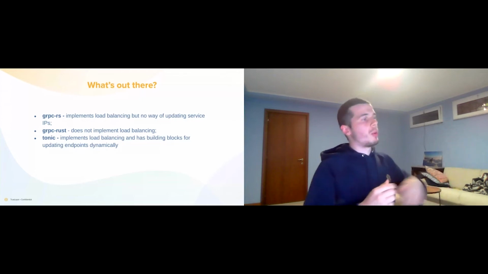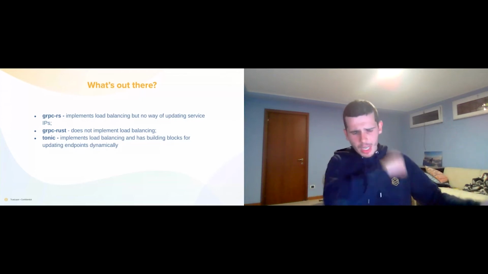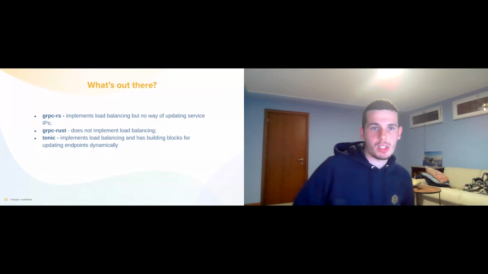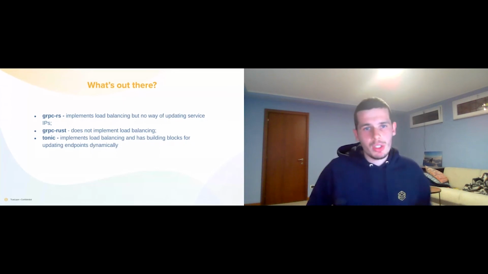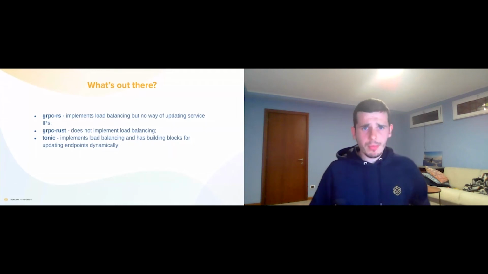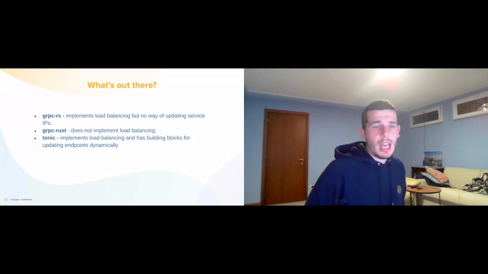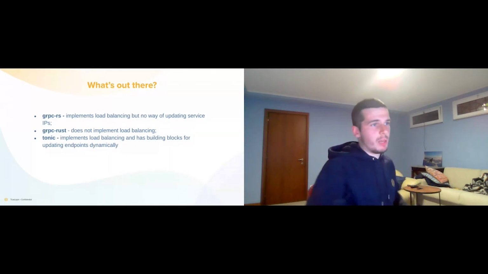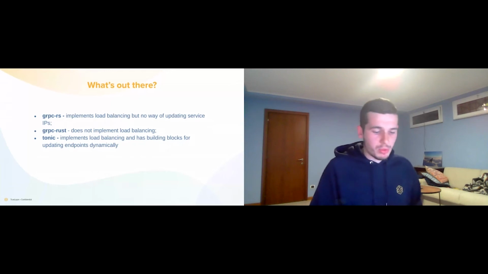You could have an approach where the servers forcefully disconnect the client, but we want something a bit more robust. And then you have gRPC Rust, which doesn't implement load balancing at all. And then lastly, you have Tonic, which implements load balancing and also has building blocks for updating endpoints dynamically or updating service IPs, which is exactly what we would want.